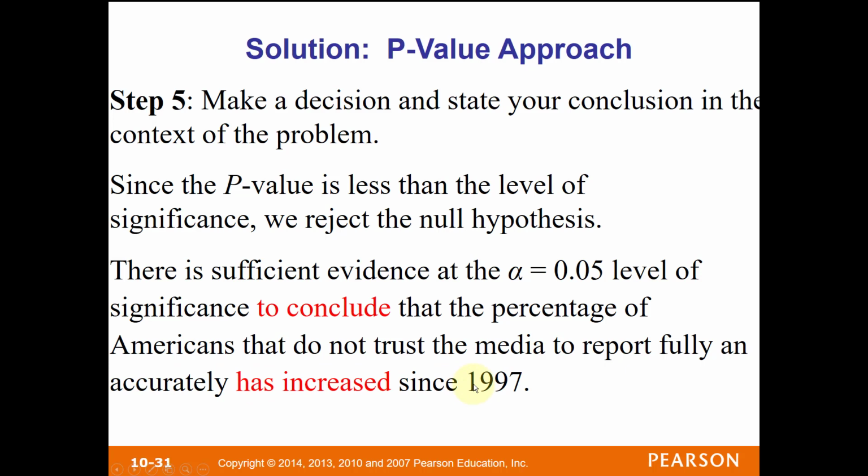Okay, what you have to understand is your conclusions are always in terms of the alternative hypothesis, all right? Has increased. If we didn't reject, we would say we cannot conclude. But the conclusion is always in terms of the alternative hypothesis.